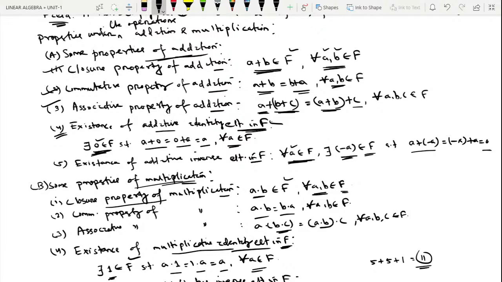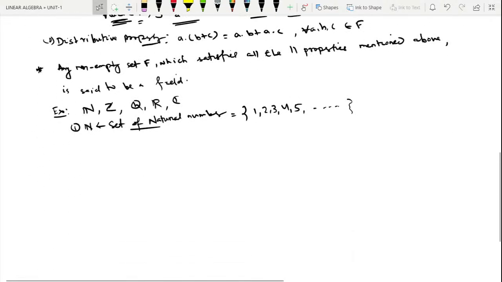But 0 does not belong to the set of natural numbers.